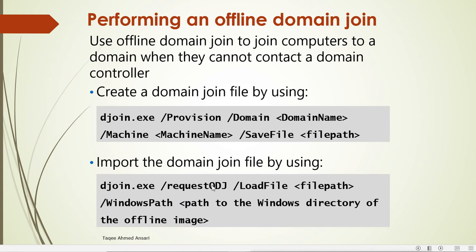Because it is not connected, that is why we are using offline domain joining. After that, whenever the machine comes up and connects to the domain controller, it will attach to the account which was created by the previous command, the djoin command. So this is how we can manage the computer accounts in our domain controller.